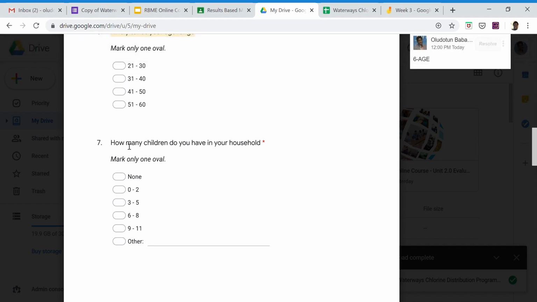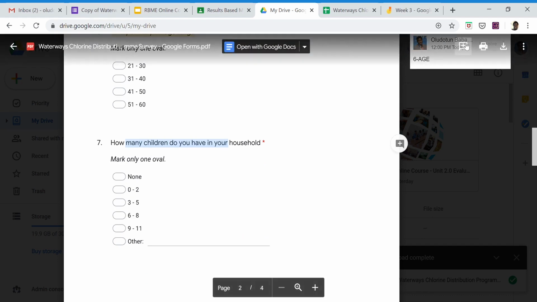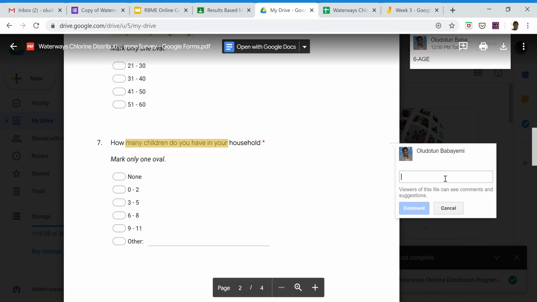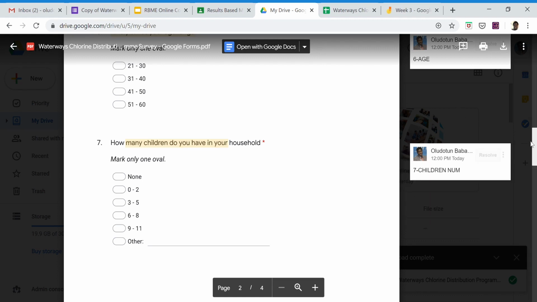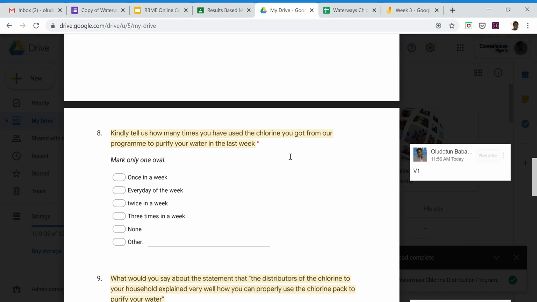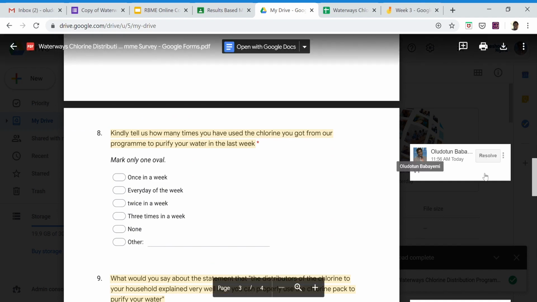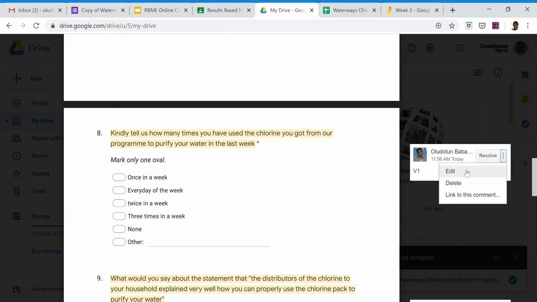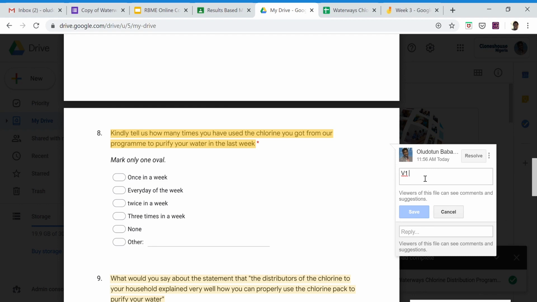This is number of children. I could just say children norm, 7. So it's just trying to make sure that instead of this V1, I can also edit this as well, and just say, so this is 8, right?